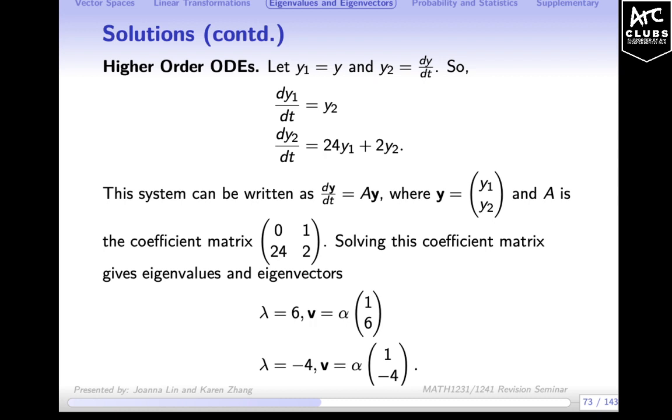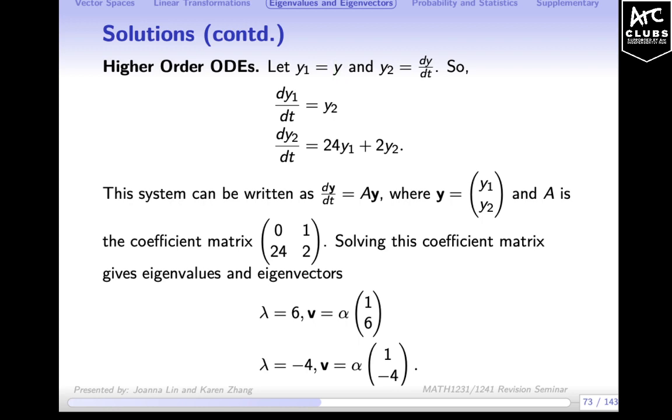First we let y1 equal y, and y2 equal dy/dt. That means the first derivative of y1 is just y2, because dy/dt is y2, and the derivative of y2 is essentially the second derivative of y.